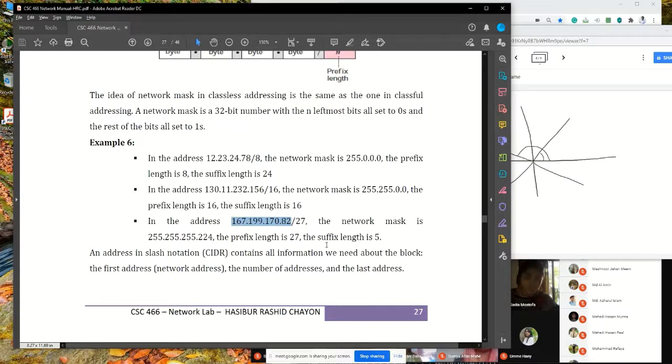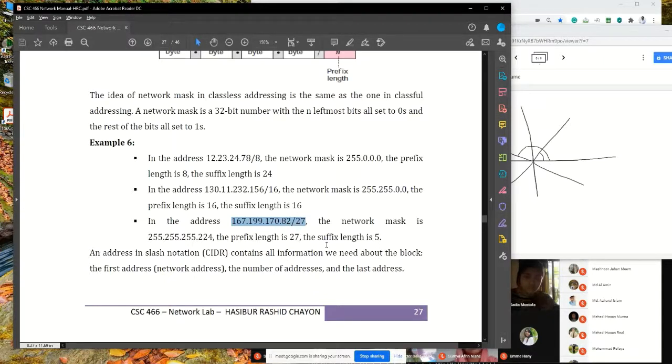So we assume that the network address will be 16-bit long. But this is really not a classful address, this is a classless address because we have a slash and a number. That means it's a classless address, and after the slash, whatever the number is represents how many bits are associated with the network address.